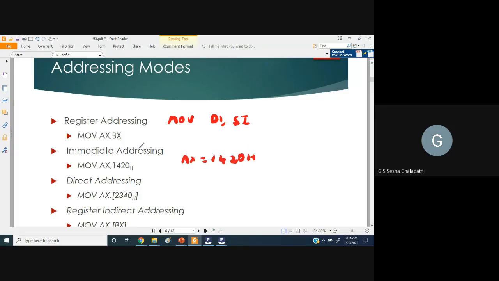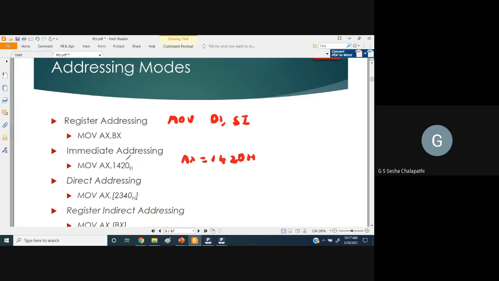So what is special about immediate addressing mode? In it, the source is actually some immediate number. It is not a register, and it is not a memory location. 1420H is an exact data value which is part of the instruction itself, and the destination is a register.